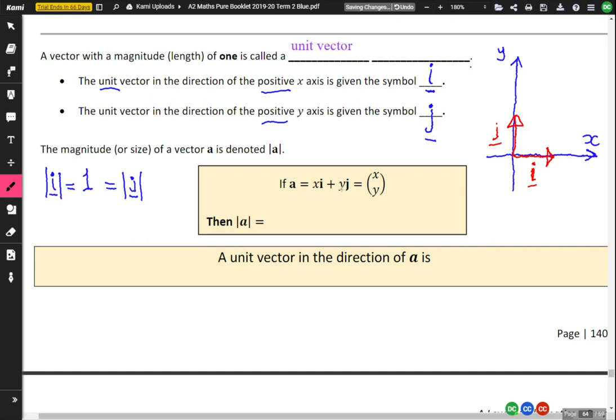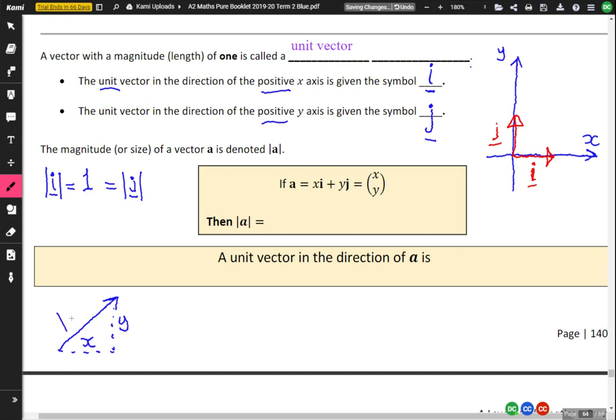The general formula for finding the length of a vector, well, we can find that by doing some Pythagoras. If we have this vector here, and it goes x across and y up, that's what this means. It also means the same as this, x in the i direction and y in the j direction.